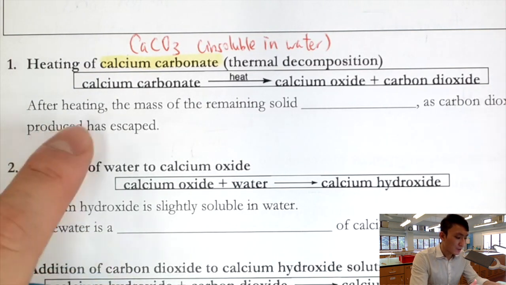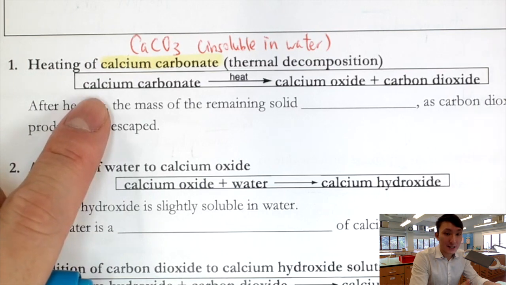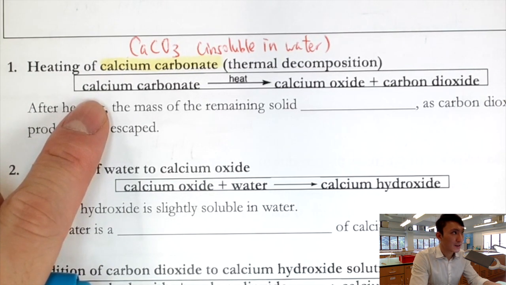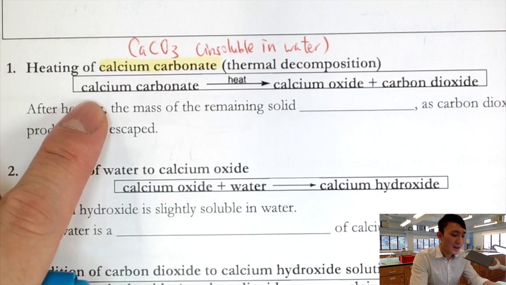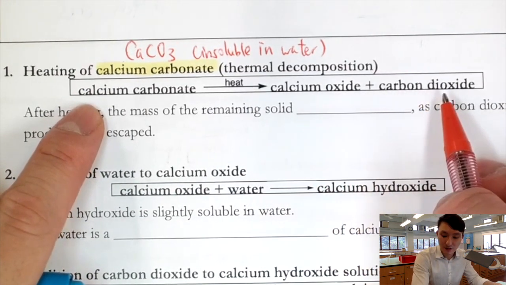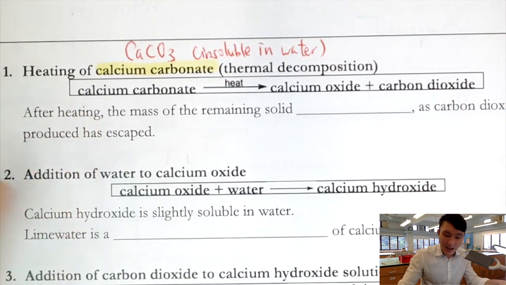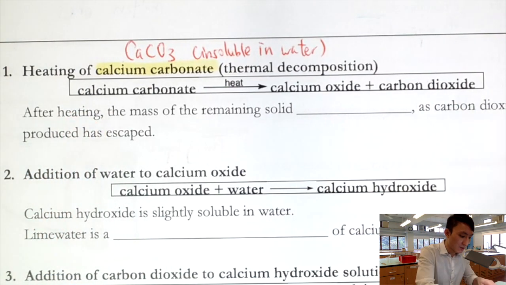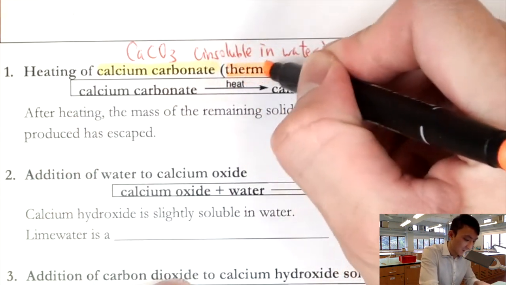Now, the first reaction is that when we heat calcium carbonate using a Bunsen flame, it will decompose into calcium oxide and carbon dioxide. This reaction is what we call thermal decomposition.